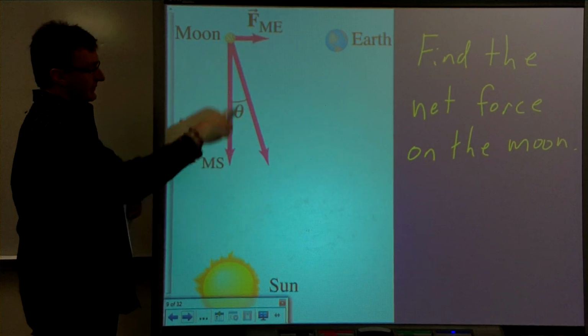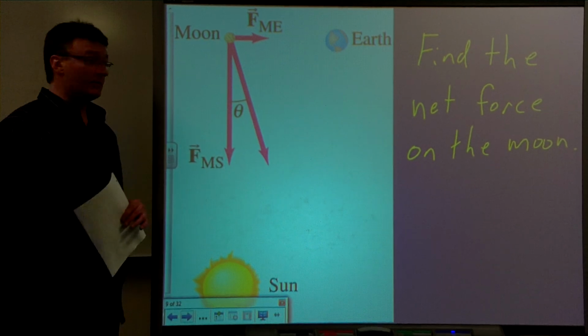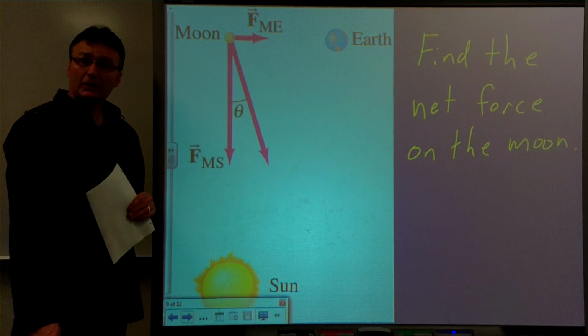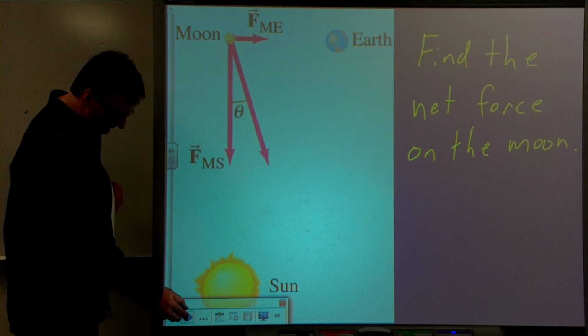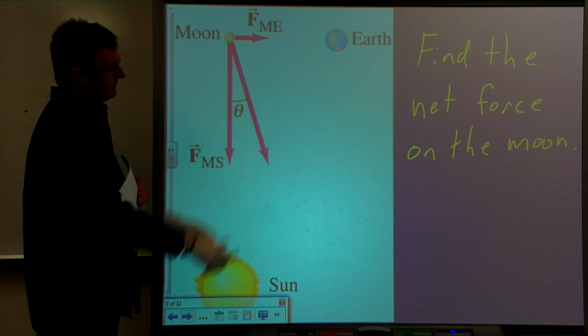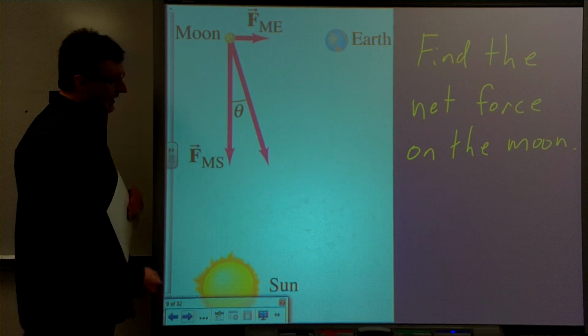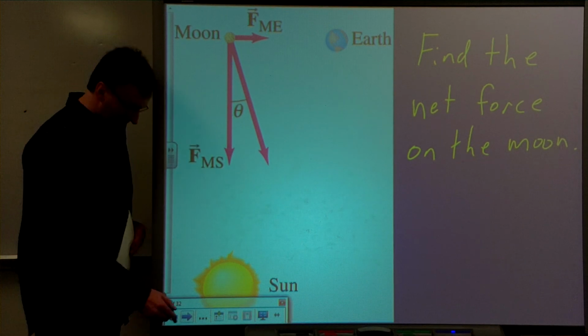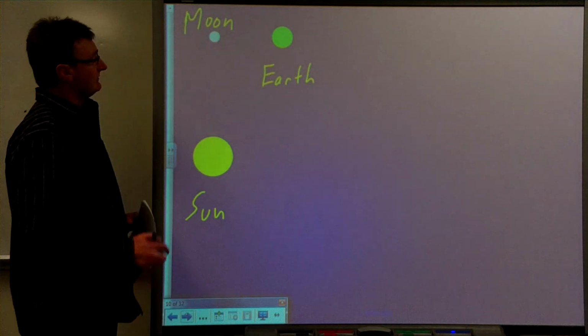So we have these two forces here, and we're going to find the resultant force on the Moon in this sort of configuration. At a certain time in the year, the Earth, the Moon, and the Sun will be in this configuration, and that probably happens a few times per year. So we're going to find the net force on the Moon in that position.